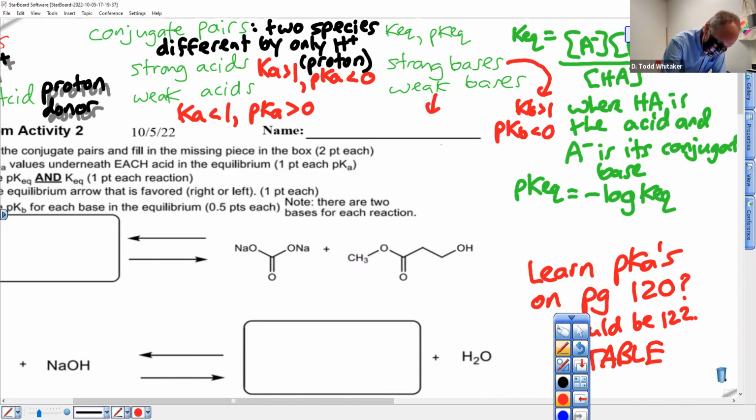Weak bases, Kb less than 1, pKb greater than 0. And you'll see all the derivations of Ka and Kb in the textbook and in lecture videos. You don't have to do derivations in this course. You just have to believe these are true.